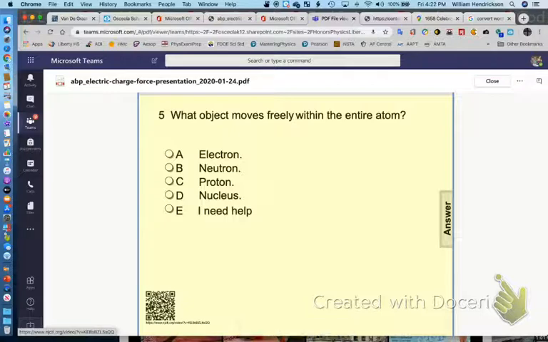A, the electron; B, the neutron; C, the proton; D, the nucleus; or E, you need a little bit of help. Which one do you think moves freely throughout the atom? And I hope you all said A, the electron.